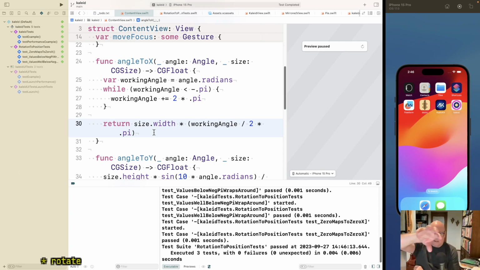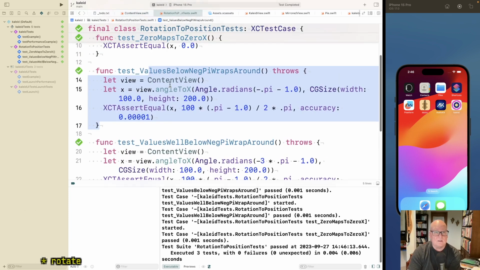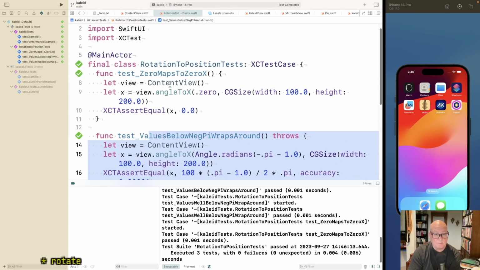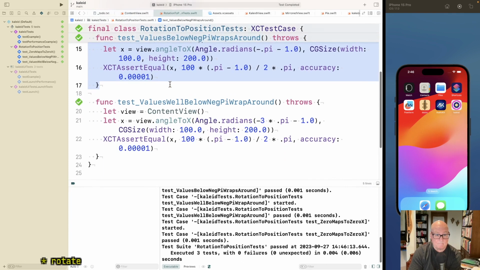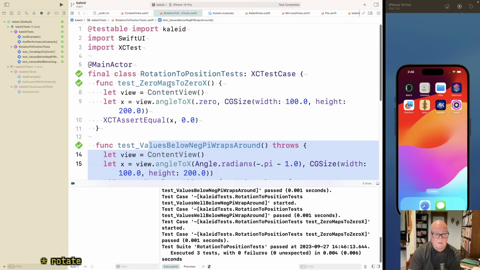Okay, so we're doing an offset from the center, and so I want 0 to pi to be offset to the right and 0 to negative pi offset to the left, or vice versa. I don't really care, but I just want to make it offset. So I think this should be minus half of the size dot width as well. Okay, so 0 goes to 0. I think that's wrong.